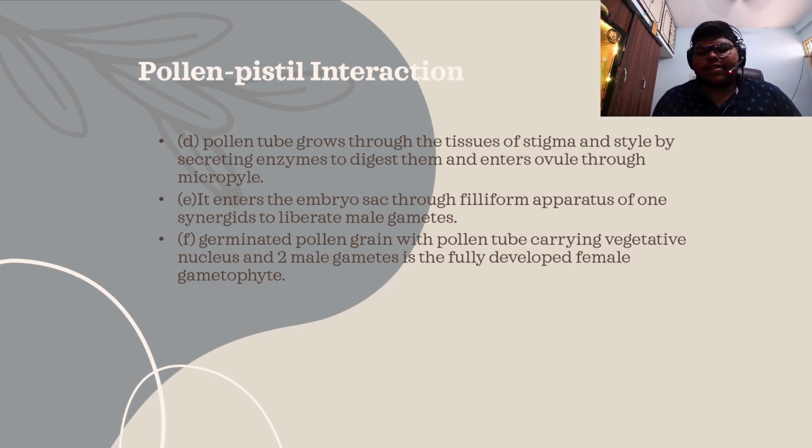It enters the embryo sac through the filiform apparatus of one synergid to liberate the male gametes. The germinated pollen grain with its pollen tube carries the vegetative nucleus and male gametes to the fully developed female gametophyte.